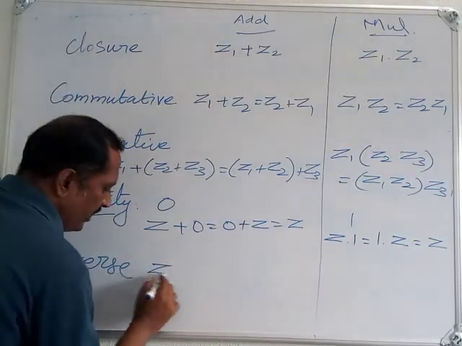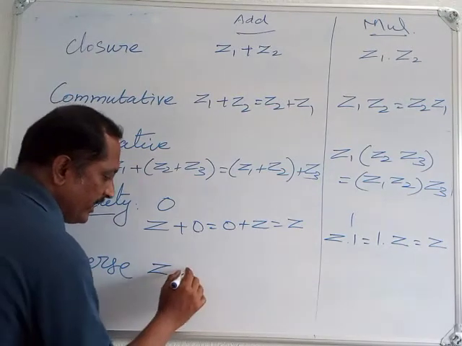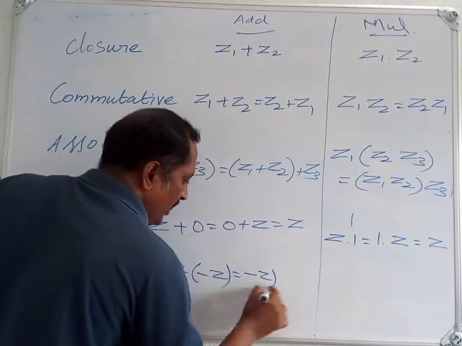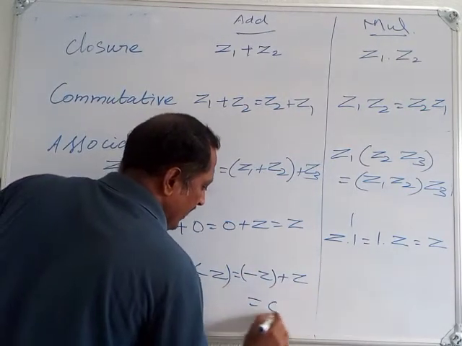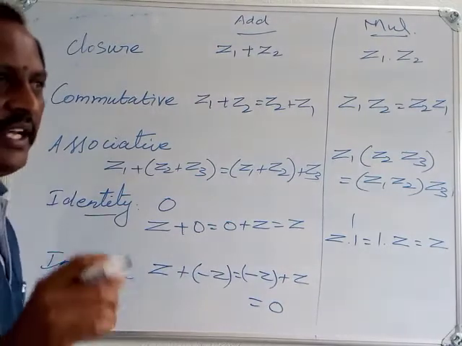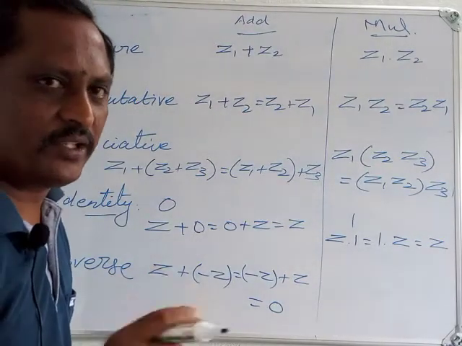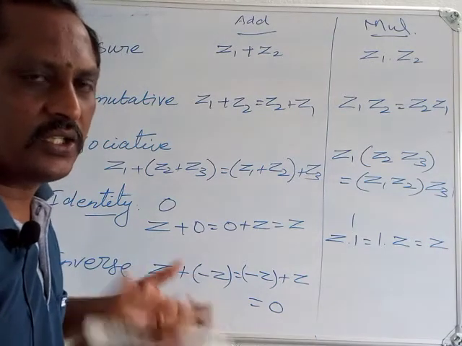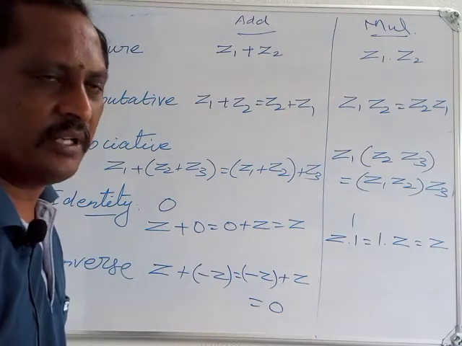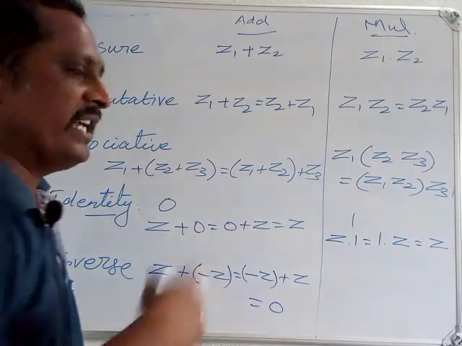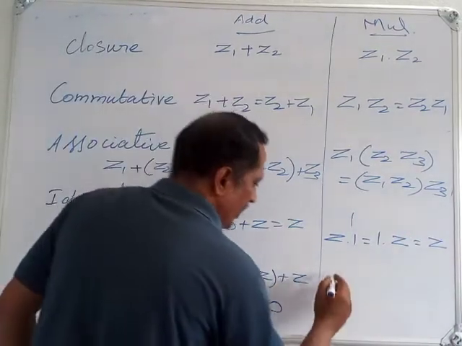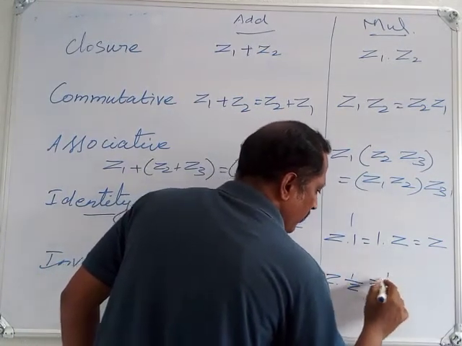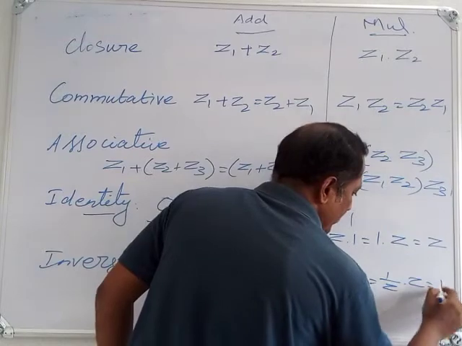Inverse. In addition, z plus minus z or minus z plus z, this value is equal to 0. We have to add which number to the given complex number so that we get the answer 0. This is called the inverse of the given complex number, the additive inverse. And then multiplicative: z into 1 by z, or 1 by z into z, is equal to 1.